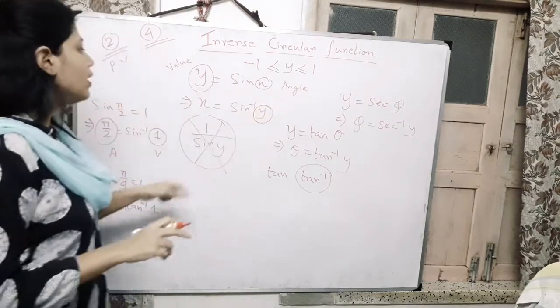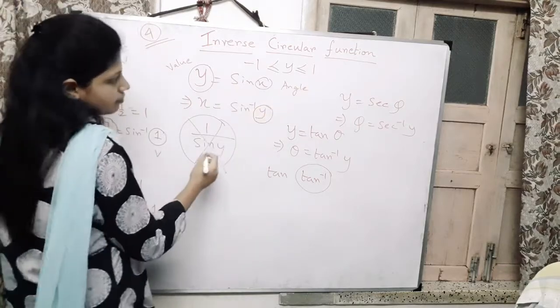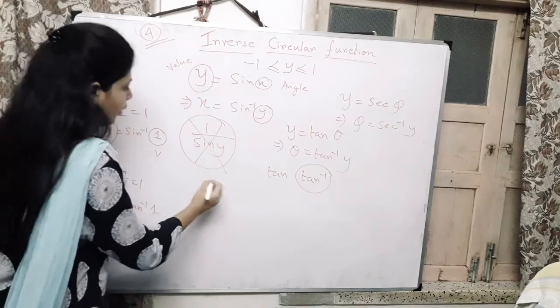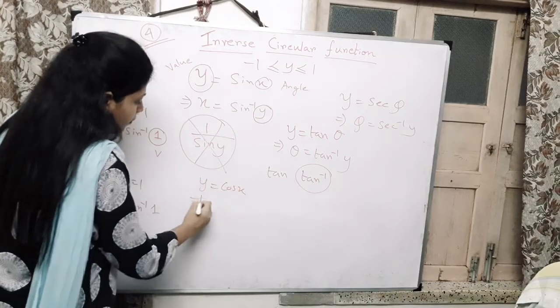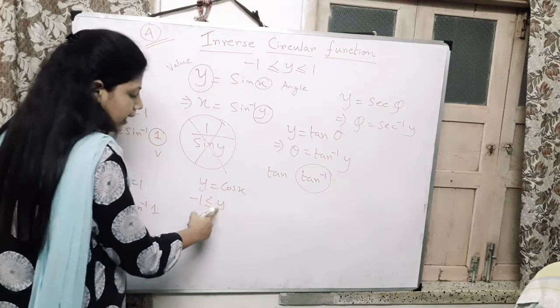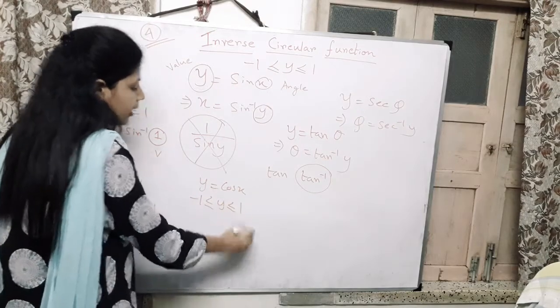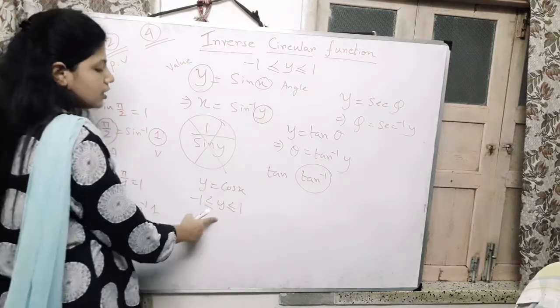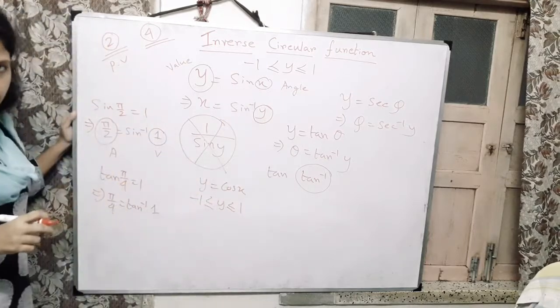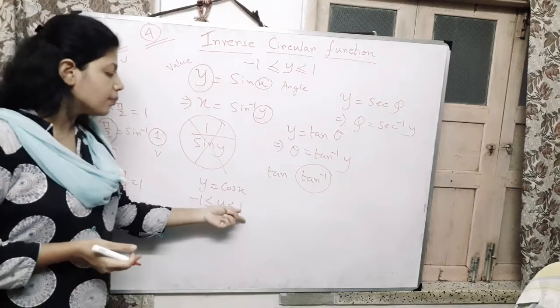Just like that, if I take cos also, suppose y equals cos x, then -1 less than or equal to y less than or equal to 1, because in case of sine and cos the minimum value is -1 and the maximum is 1.